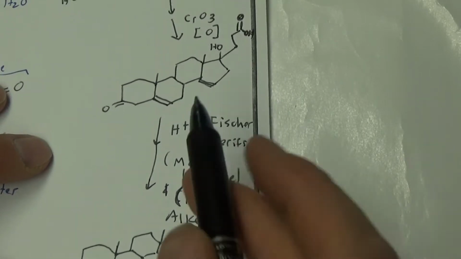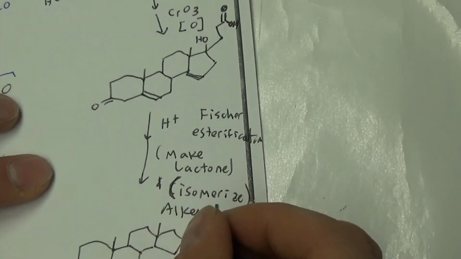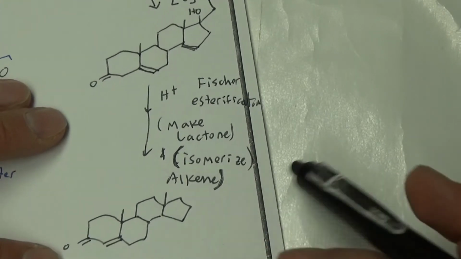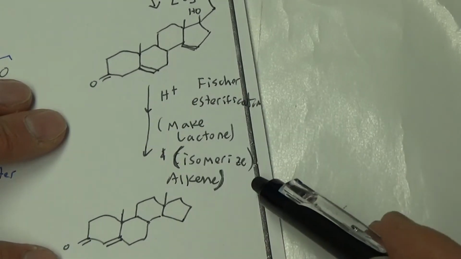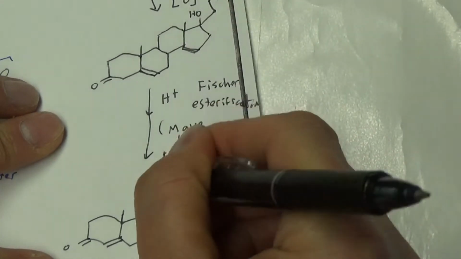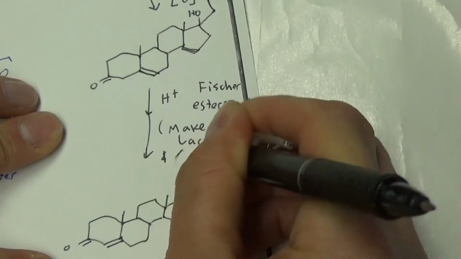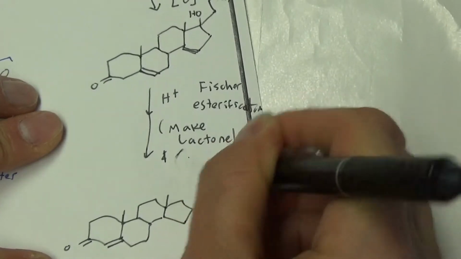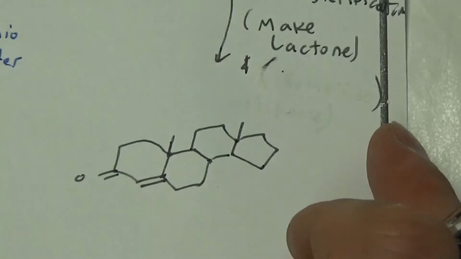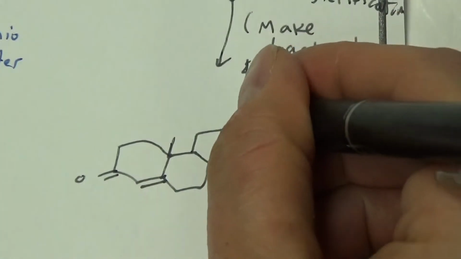Okay, now we have our little cyclic ester thing, which I have to erase these words to fit it in. So I'm going to erase the words isomerized alkene. Just squeeze it in. Okay, so we'll sneak in that cyclic ester now, the 5-member ring ester.